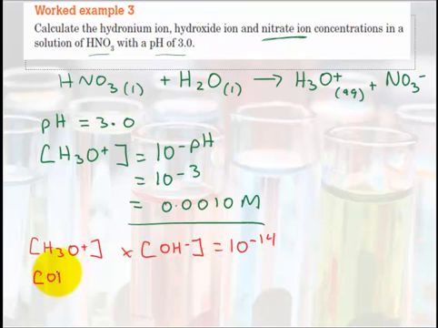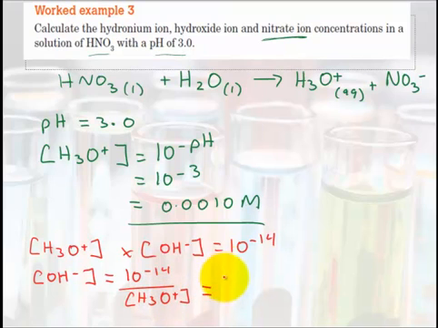So our OH negative concentration will be equal to 10 to the negative 14 divided by the concentration of your hydronium, which equals 10 to the negative 14 divided by 10 to the negative 3, I beg your pardon, which equals 10 to the negative 11.